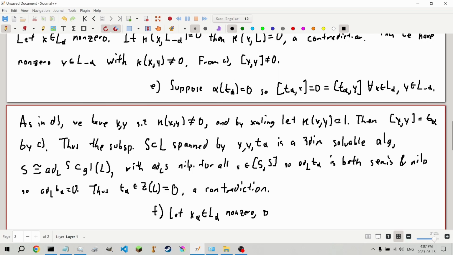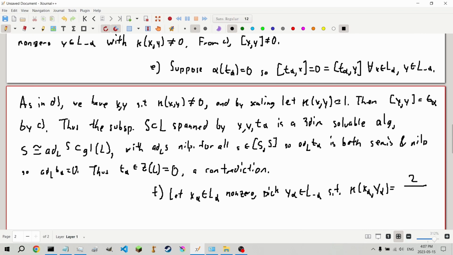And pick Y alpha in L negative alpha such that the killing form of X alpha and Y alpha is equal to 2 over the killing form of T alpha with itself.